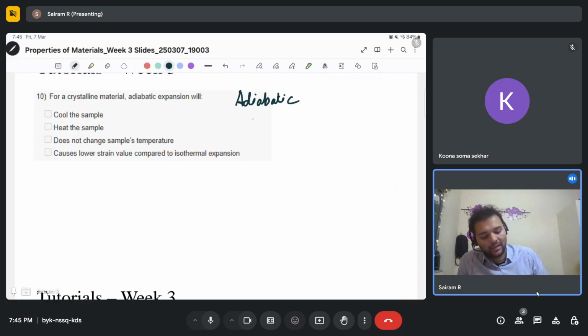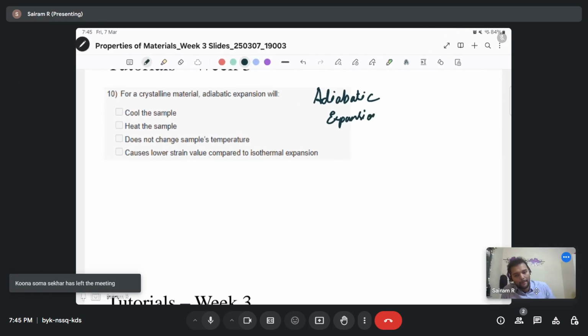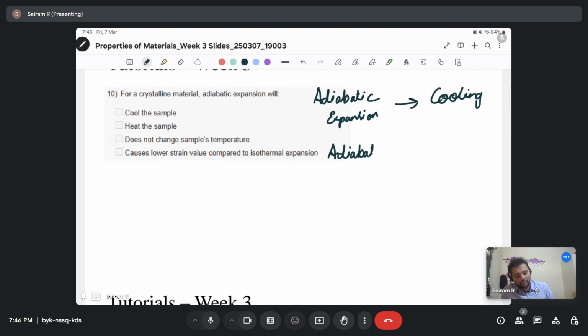I'll write that down again. During adiabatic expansion, cooling, and adiabatic compression leads to heating.